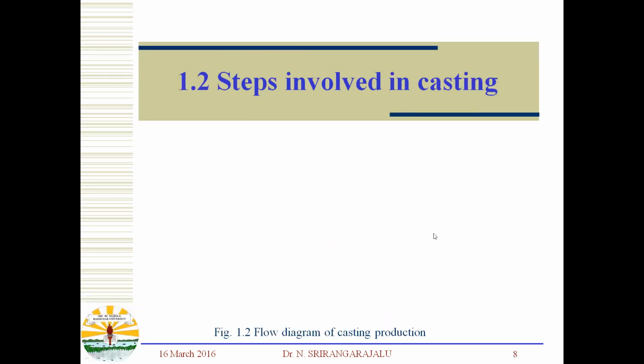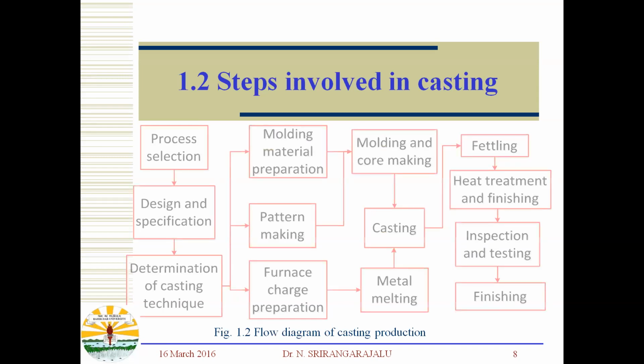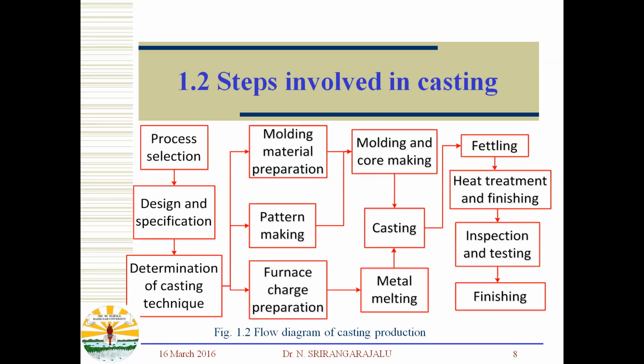Next, we will discuss the steps involved in the casting process. First comes process selection, design and specification, and determination of casting techniques. Then molding material preparation, pattern making, furnace charge preparation, molding and core making, then metal melting and making the casting.